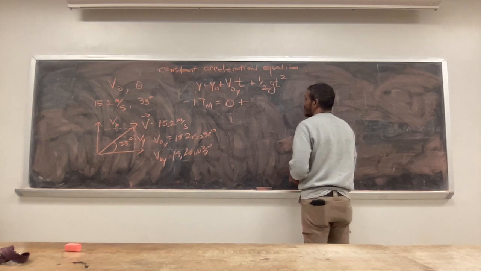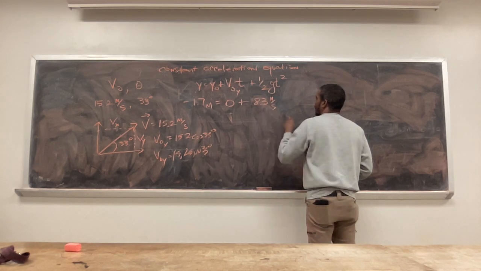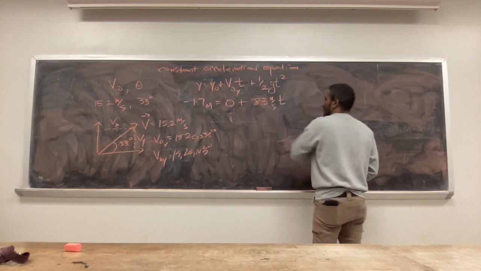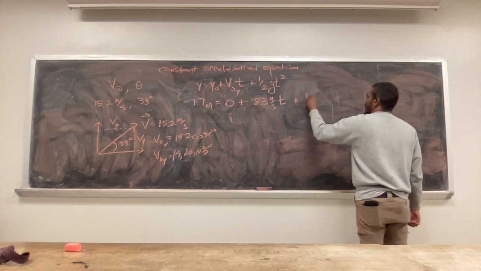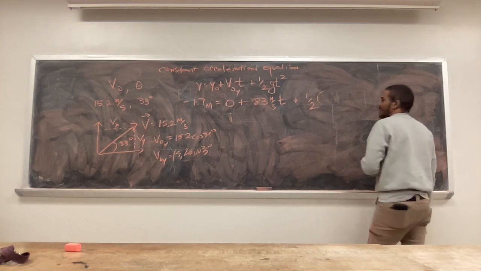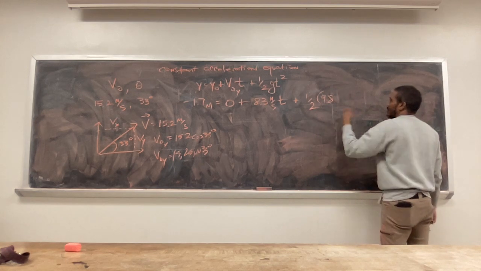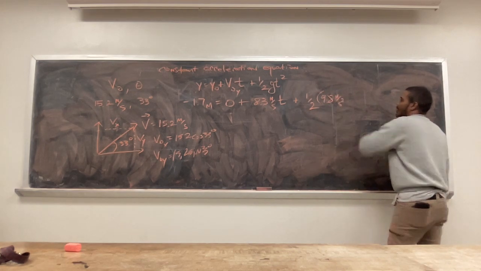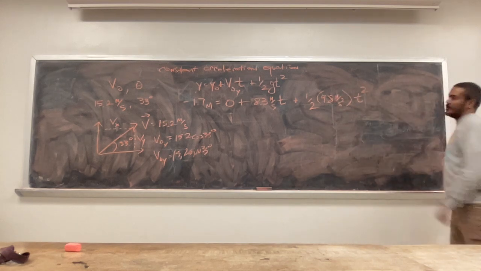Everybody got 8.3? 8.3 meters per second times t, plus 1/2 g, 9.8 meters per second squared, and then T squared.